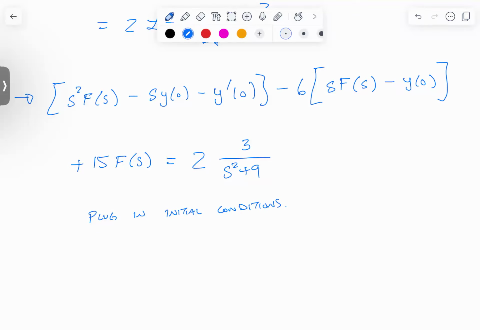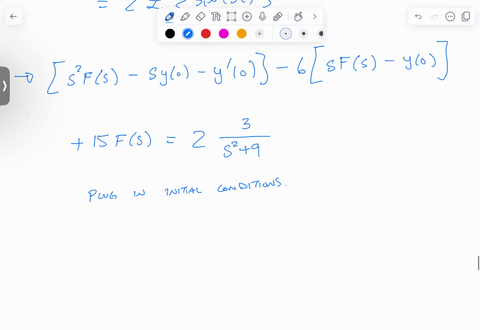And then with Laplace transforms, we plug in the initial conditions basically immediately after we get the transformation.